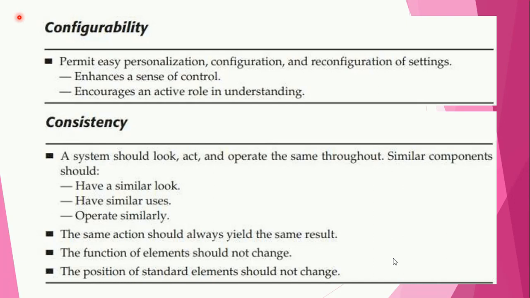If only the positions or any titles are changed, it increases the learning time of the user. So consistency has to be maintained in every sense, or else it leads to more errors, greater learning time, or you need more supervisors to supervise the systems also.